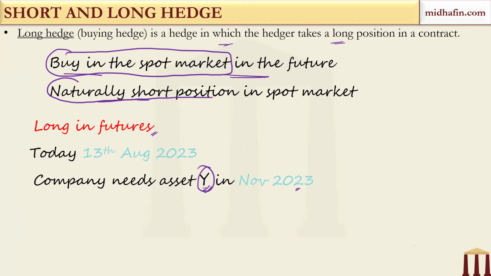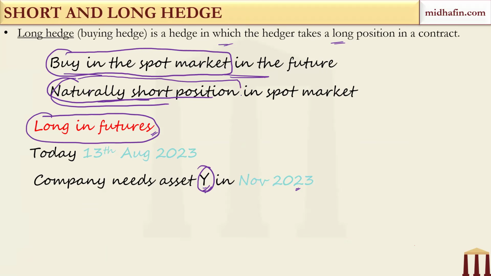So the company has to go long in the futures, which means it was naturally short in the spot market. So is it clear? Even from the opposite side, if you look at it, it will be more clear maybe. If the naturally short position is not clear at first instinct, then you can consider it from the perspective of the futures contract and then decide that you were in a naturally short position in the spot market. Is the idea clear?